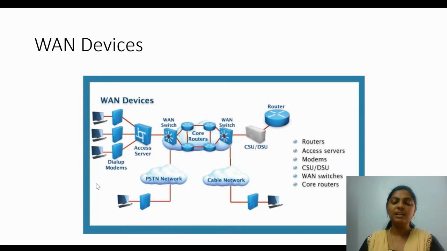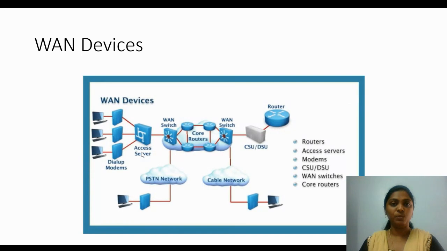And the second device is the access server. The access server is nothing but a computer server that helps in establishing communication over the internet. For that purpose, it provides the interfaces for both the telecommunication service providers and the internet backbone.